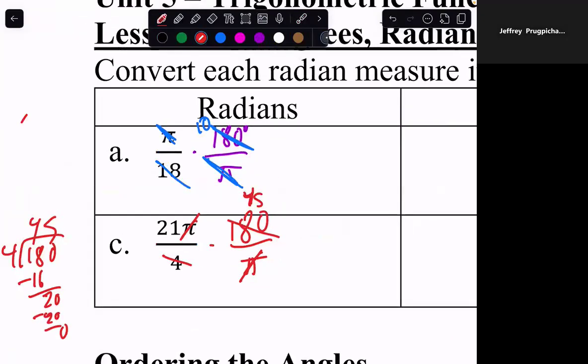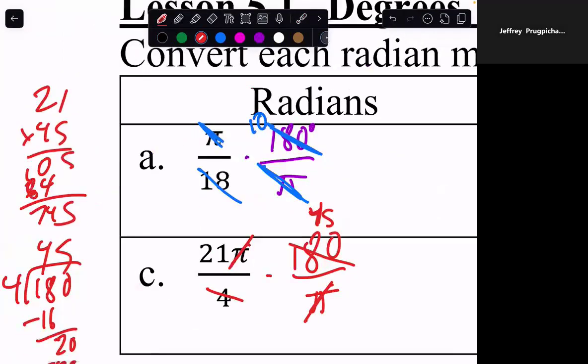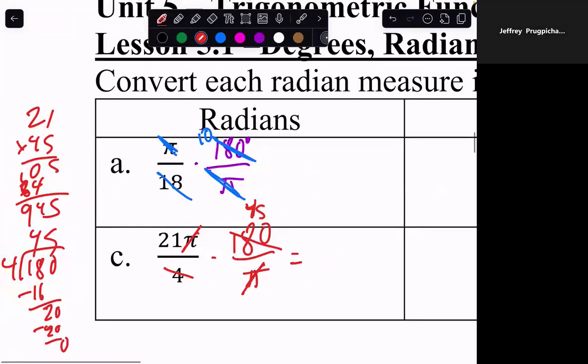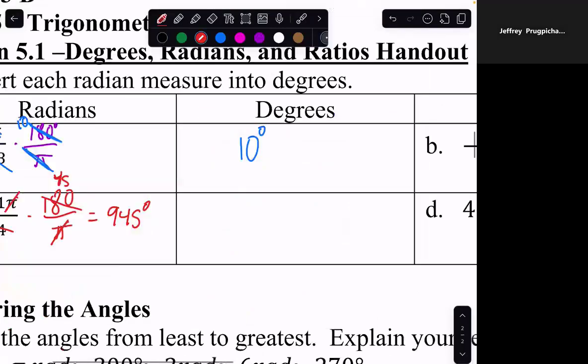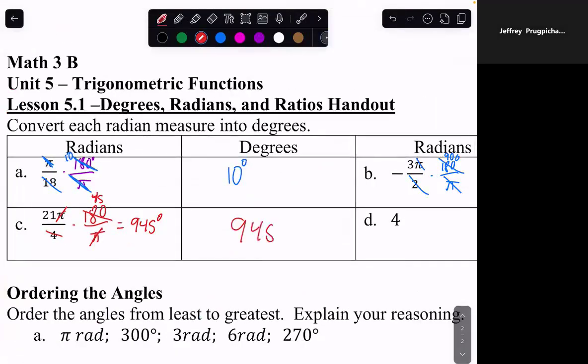Okay, and then now what is 21 times 45? 700, no, wait, 1 second. 800, sorry. So then that'd be 945. Okay, and this last one, oh, the answer goes over here.